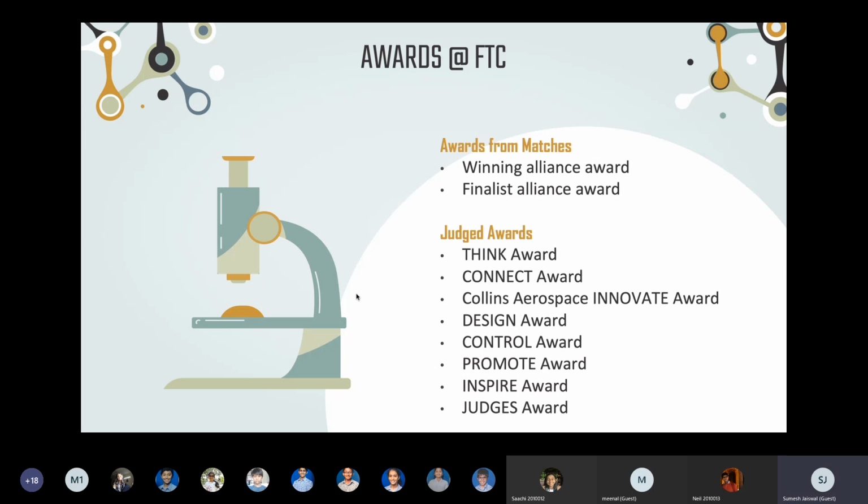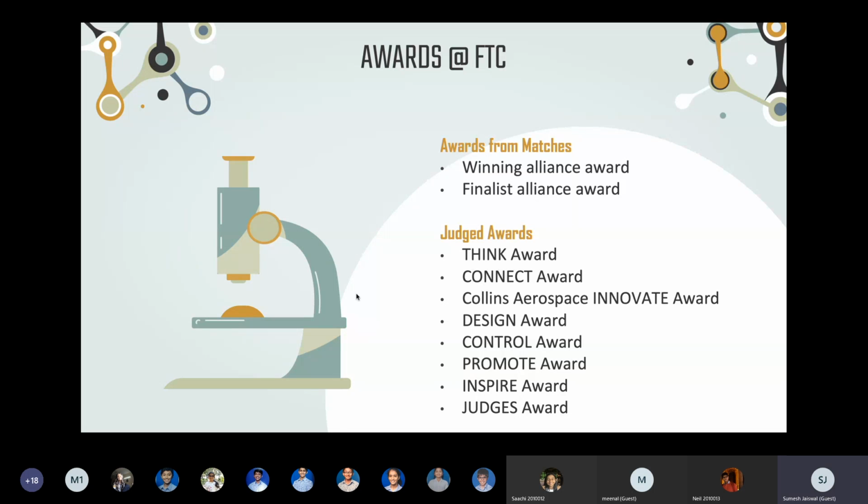So we have the Think Award, Connect Award, Innovate Award, Design, Control, Promote, Inspire, and then there is a Judges Award as well. They shortlist teams, and once a team is shortlisted, they will not release the information about which team got shortlisted. But they will go and talk to the team at their booth.